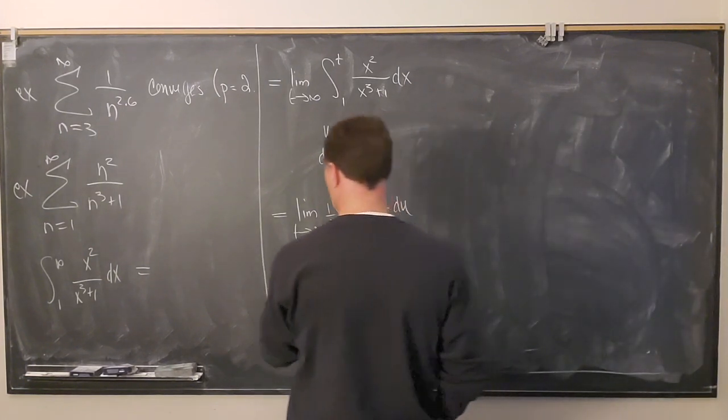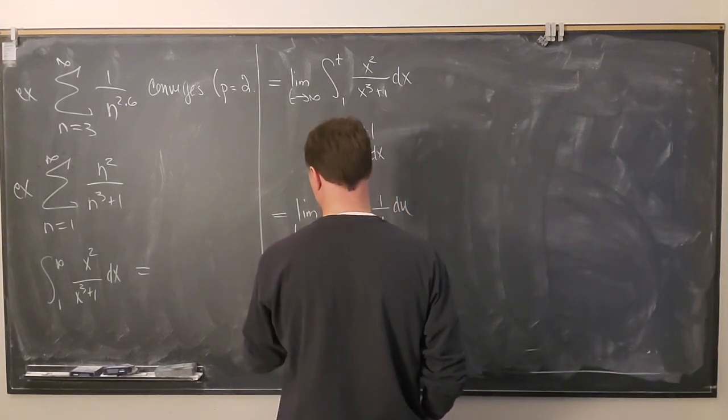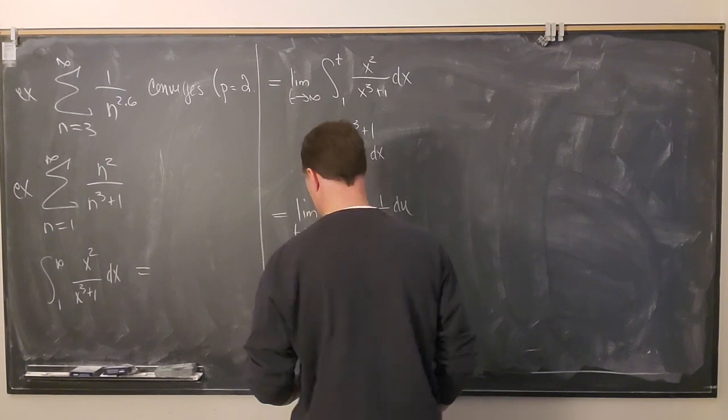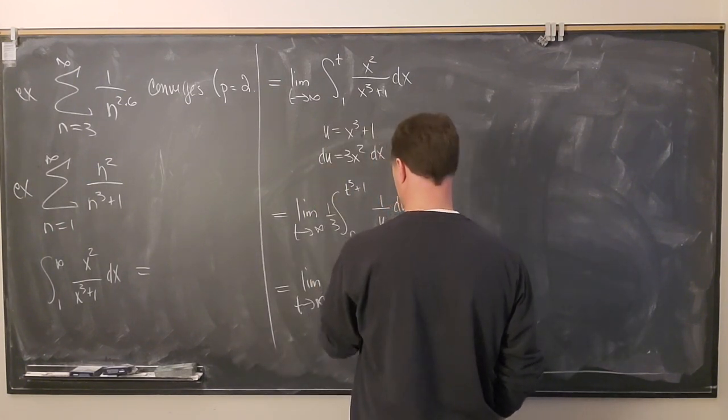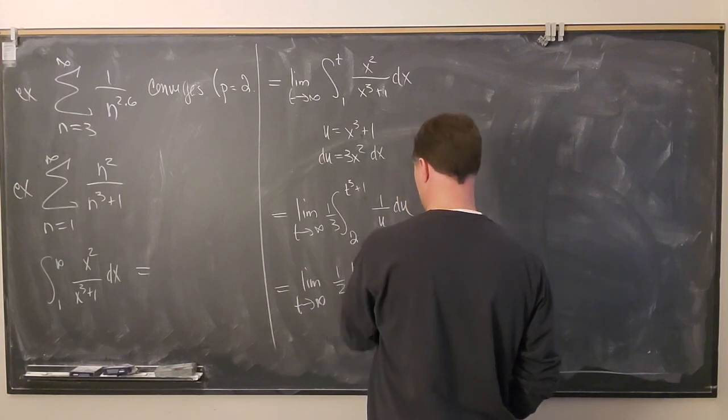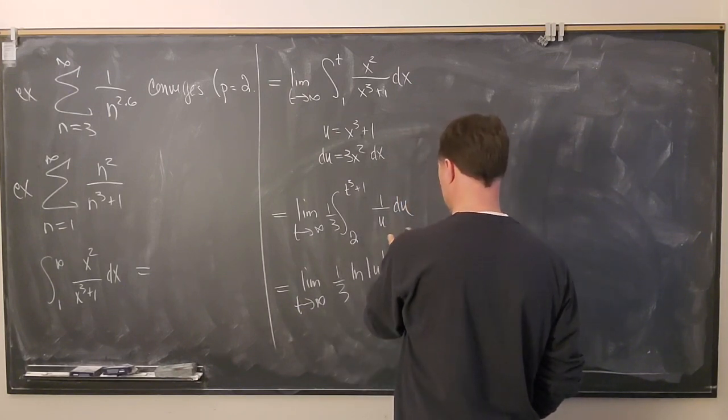Now we can compute the antiderivative. So this is the limit as t goes to infinity of 1/3 natural log absolute value of u, and we go from 2 to t cubed plus 1.